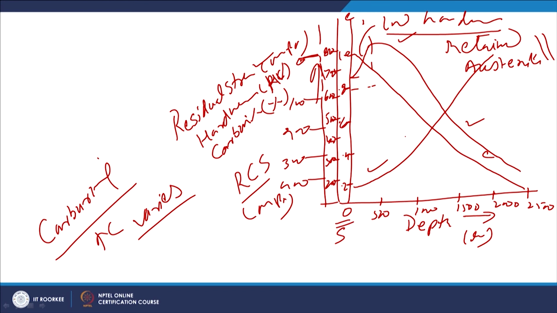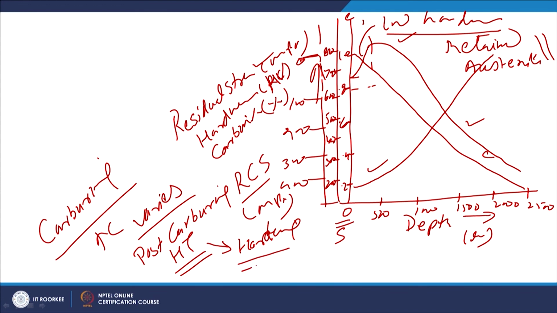But for realizing these hardnesses, we need to perform a post-carburizing heat treatment, which is basically the hardening heat treatment. What kind of heat treatment cycle is to be used, and how it leads to the required properties in terms of hardness and compressive stresses, is what we will discuss in the next presentation. Now, I will conclude this presentation.